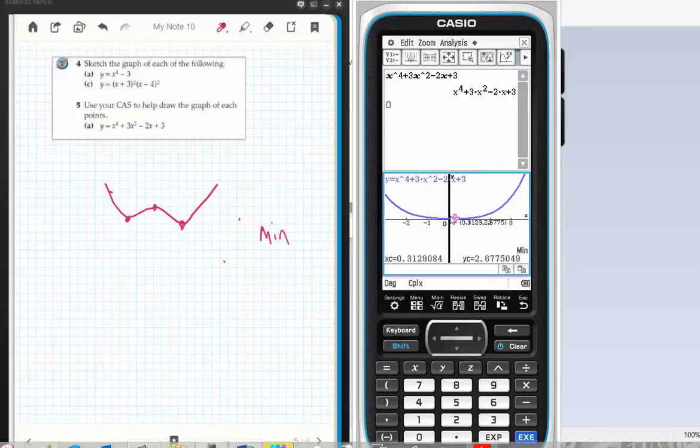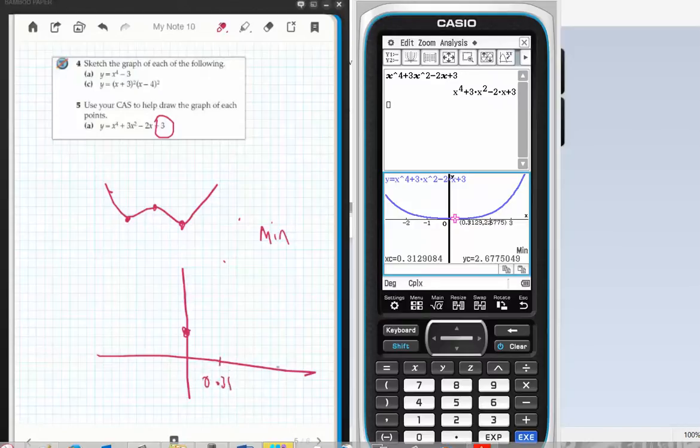and that's where my minimum is, at x equals -0.3. So I'm comfortable to now draw it, that I know that it has a y-intercept of 3. I know that because if I make x 0, I get 3. And it has a turning point at -0.26 and 2.67.